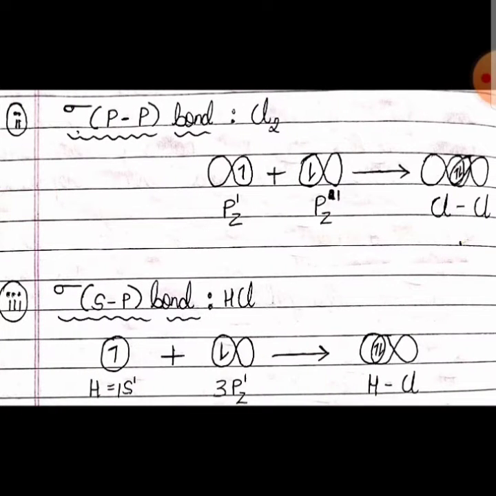Let us take one more example. Here you can find the overlapping of two dumbbell-shaped p orbitals to form a sigma bond. Here also the overlapping is axial.